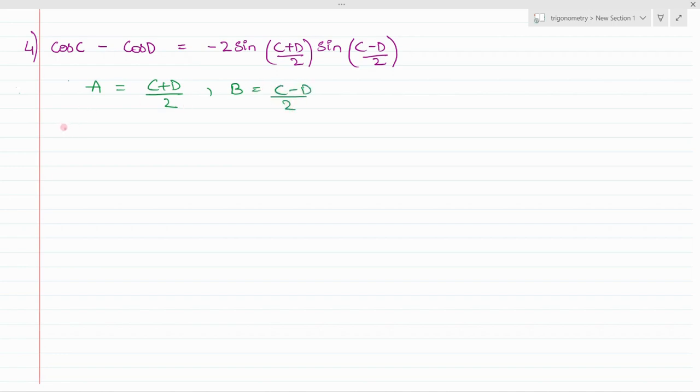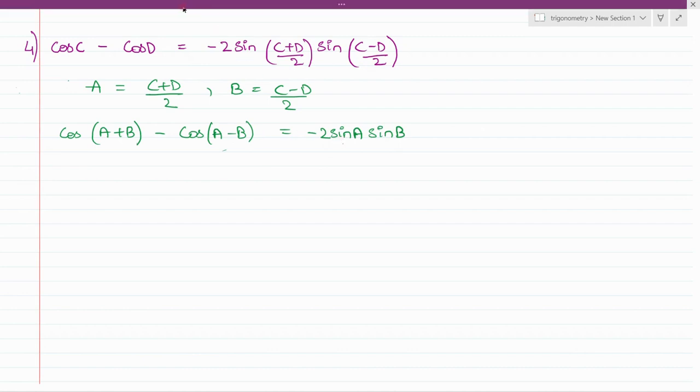And we also know the formula cos(A plus B) minus cos(A minus B), which is nothing but minus 2 sine A into sine B. So just simply use these A and B values over here, in the whole formula, both LHS and RHS.